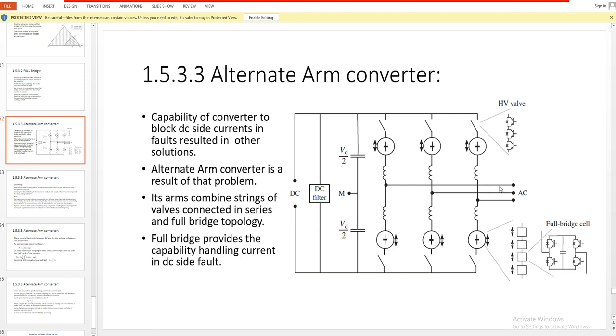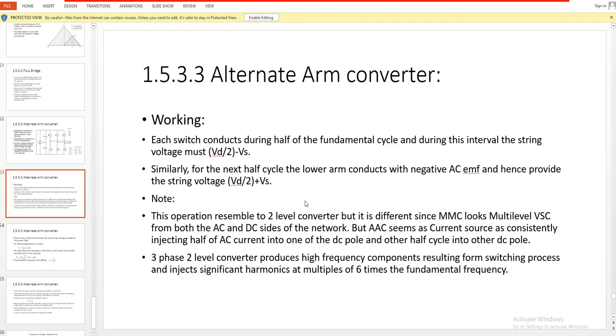So this alternate arm converter is basically a combination of conventional converters and full bridge topology. It is capable of blocking DC side currents whenever a steep DC side fault occurs. Its arm combines strings of valves connected in series and full bridge topology, and the full bridge provides the capability of handling current whenever a DC side fault occurs, as I said earlier.